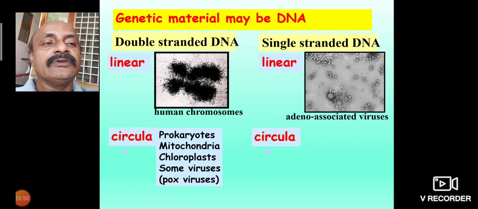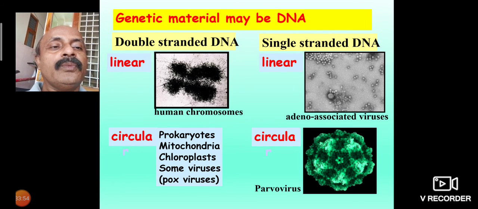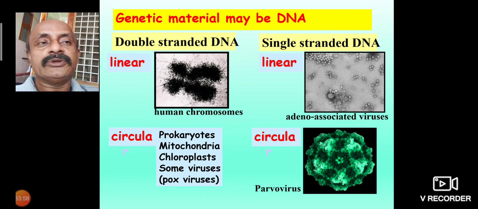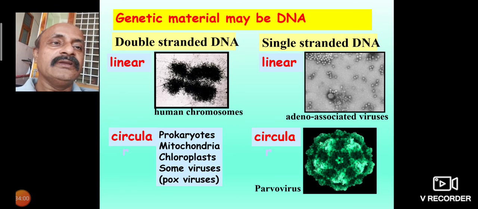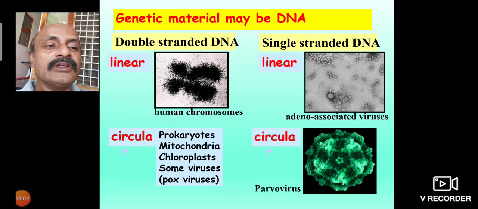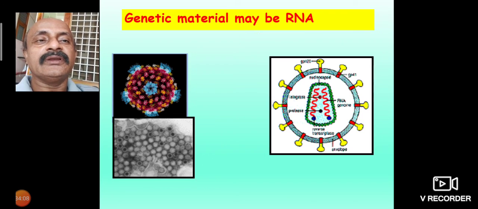The genetic material may be DNA: double-stranded or single-stranded. Single-stranded DNA is found in the adeno-associated virus, and circular DNA in the parvovirus.